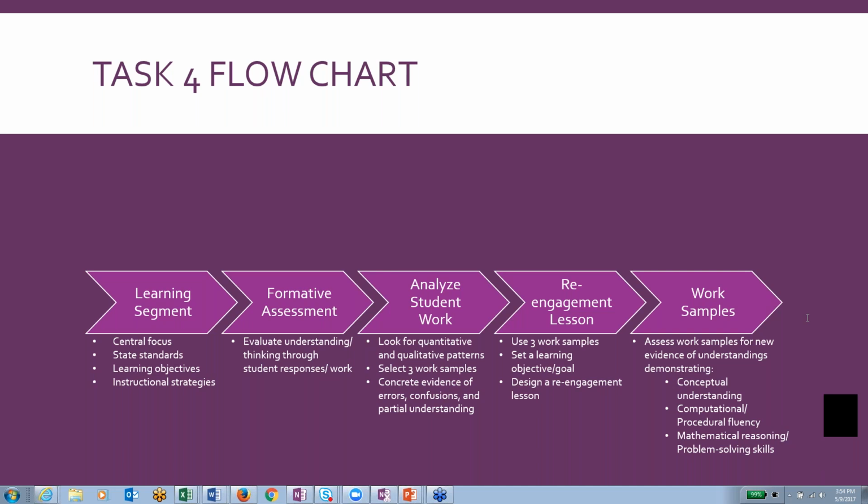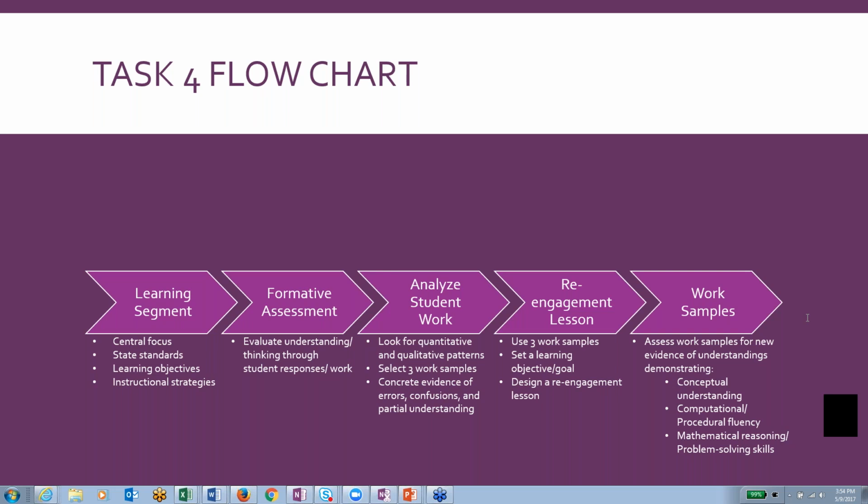Okay, another question has come in. So no formative assessment for the re-engagement lesson plan, just work samples? Yeah, the work samples can be formative. Remember, you can collect those in video, audio, or written format. It just depends on what works best with your students and what you feel more comfortable with. If you want to do a formative assessment and record it through video, that's fine.